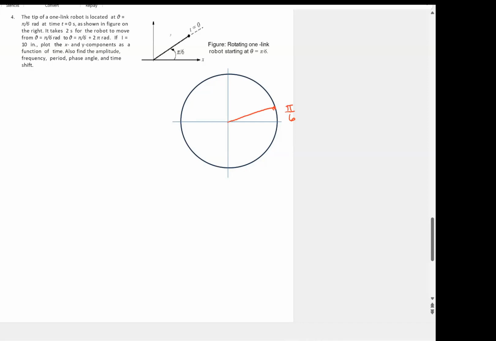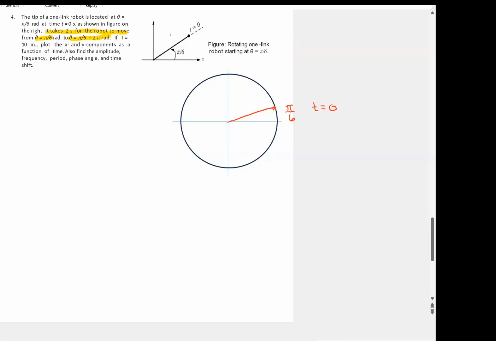That's at time t equals 0. It takes 2 seconds, this is important here, for the robot arm to move from theta equals pi over 6 to theta equals pi over 6 plus 2 pi radians. Why? What does that mean?